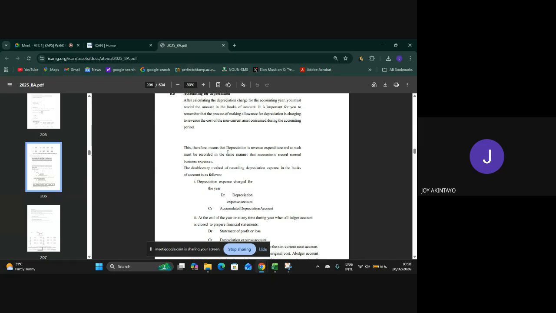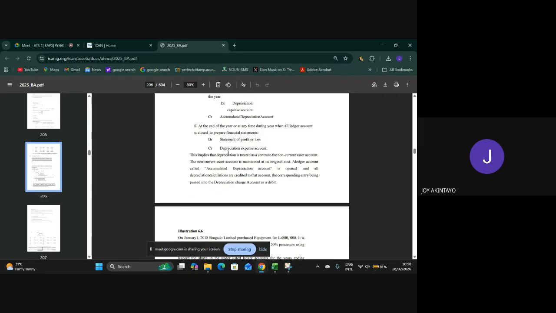Then at the end of the period, at the year end, you now credit your depreciation account, and you debit your P&L as an expense. Then you credit your depreciation account in order to write off depreciation for that period. Are we together?